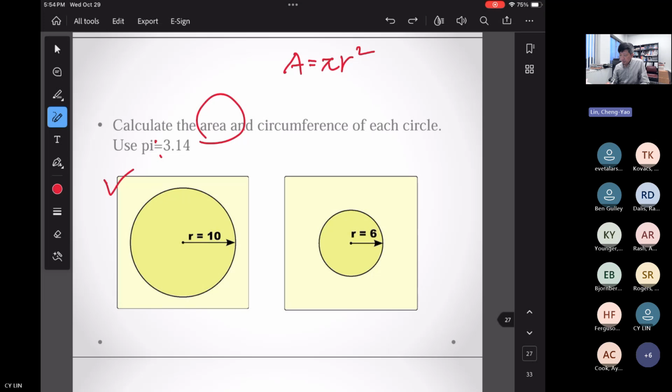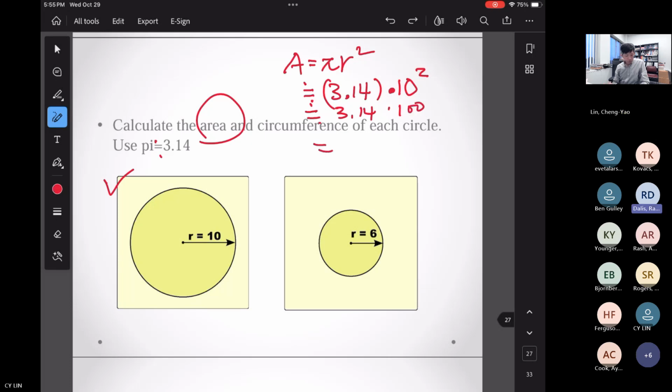Pi r squared. So pi, I would say approximately 3.14, and times r is 10 squared, which is approximately equal to 3.14 times 100.